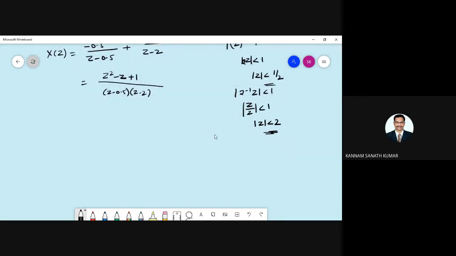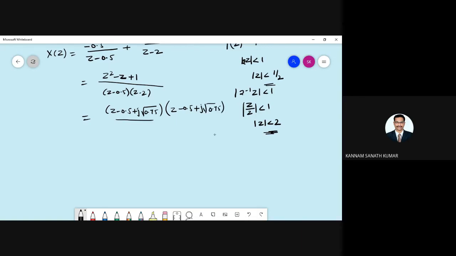Okay, so if you write this in terms of factors, you are getting z minus 0.5 plus j 0.75, z minus 0.5 plus j square root of 0.75.